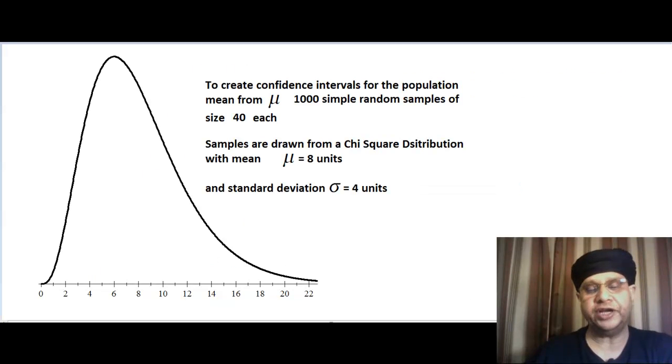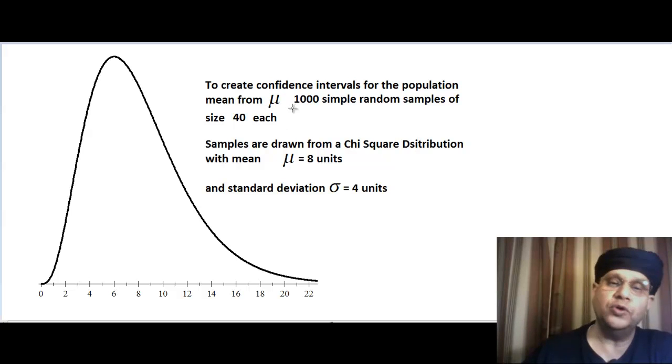Now, to illustrate how these 95% confidence intervals behave, I'm going to create confidence intervals for the population mean mu from 1000 simple random samples of size 40 each. The samples are drawn from this chi-square distribution, which you just saw for the distribution of sample means.